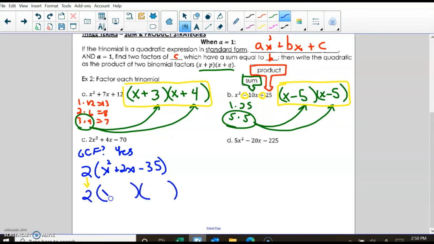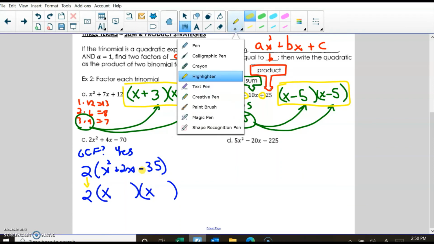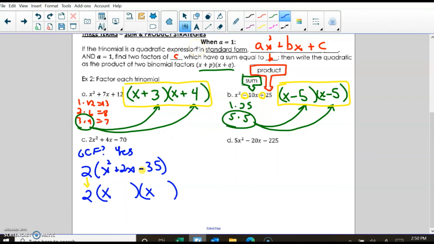X. The sign of the problem tells us that the signs are going to be different. What you will hear me say in class is that it doesn't matter which parentheses gets the plus and gets the minus. But what does matter are the numbers. The numbers have to have the correct sign.